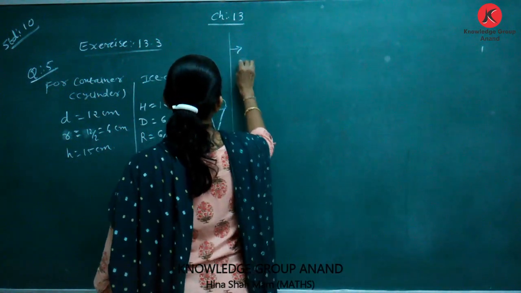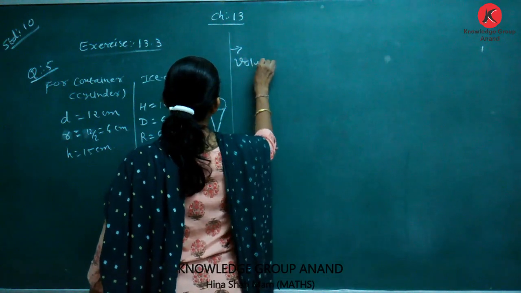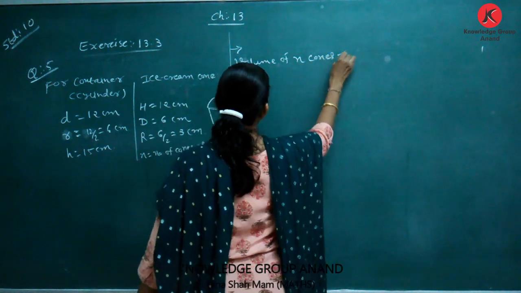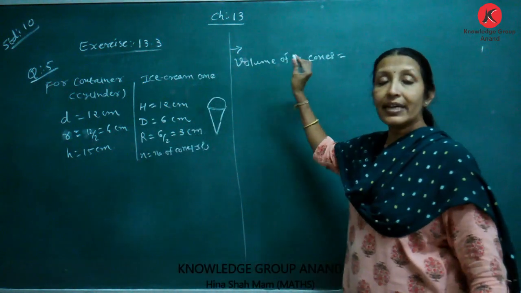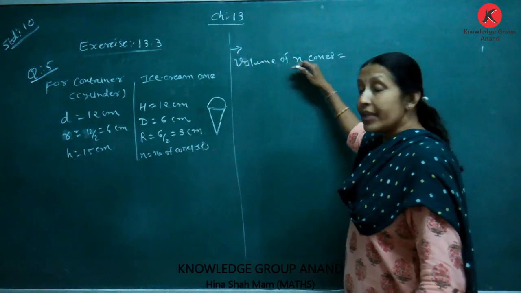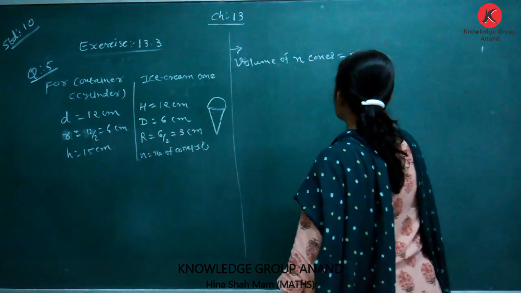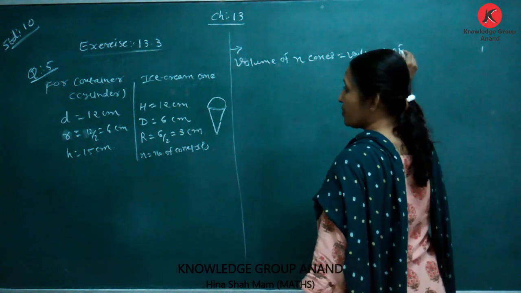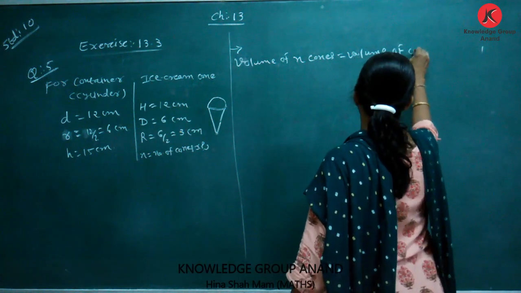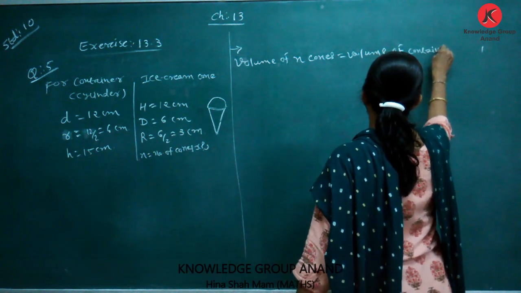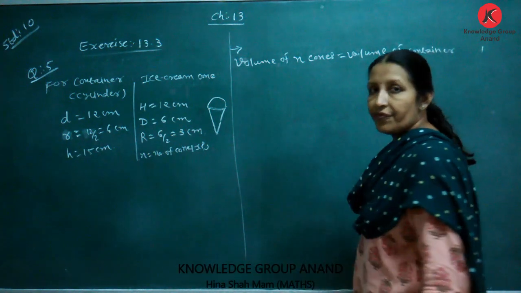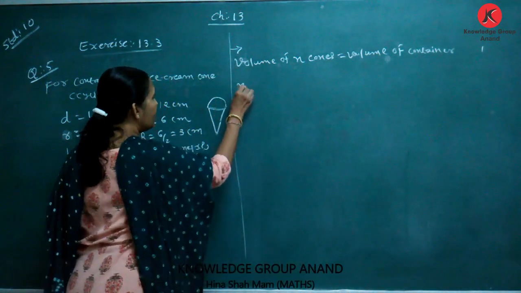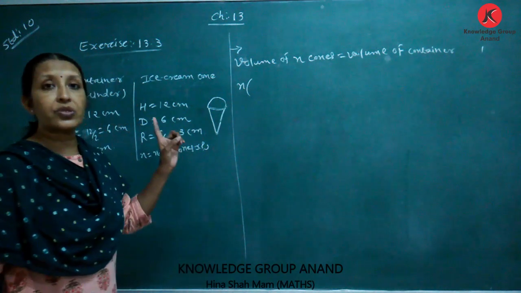We write volume of n cones is equal to the volume of the container full of ice cream, n multiplied by the volume of a cone.